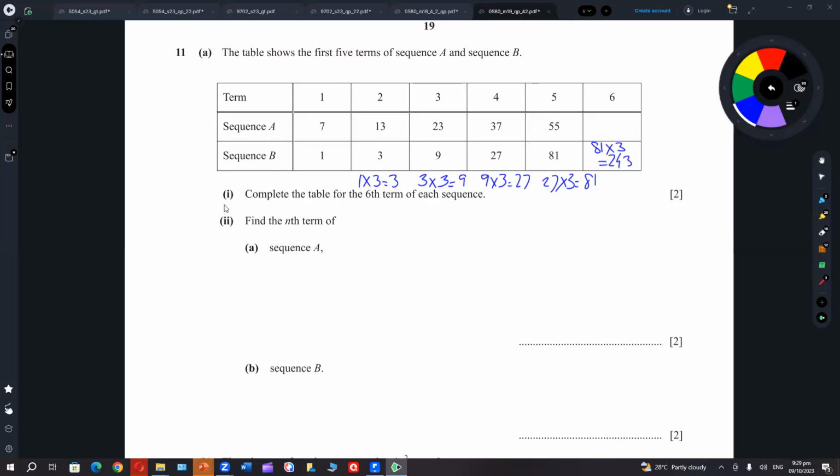The difference between 13 and 7 was 6, and then 23 and 13 was 10, and then 37 and 23 is 14, and then 55 and 37 is 18. So the next one will be 55 plus 22. Okay, you're getting this pattern. Yes, so 77.